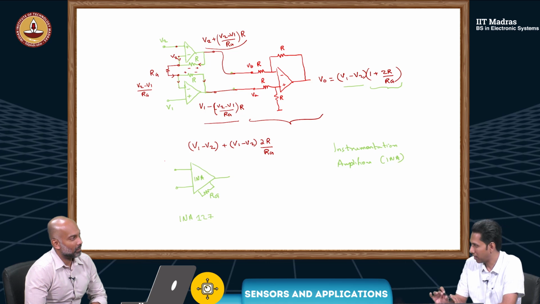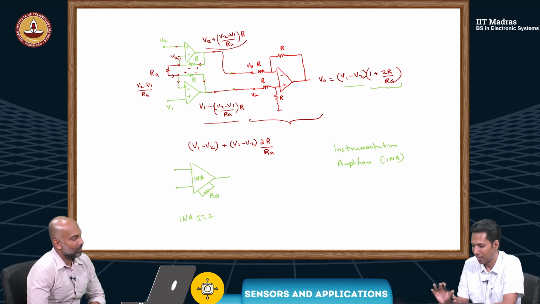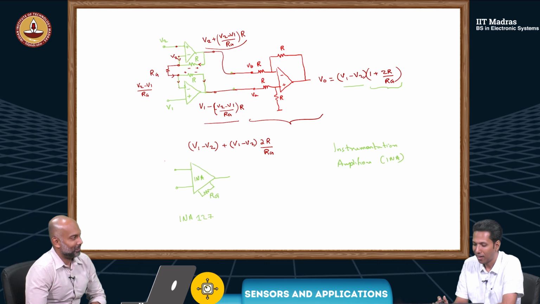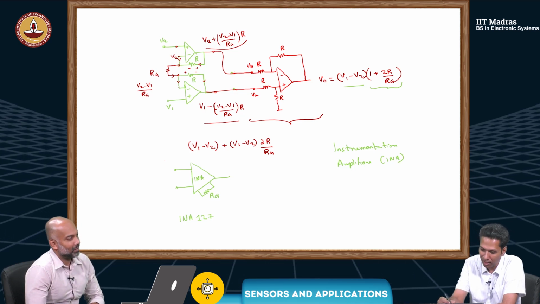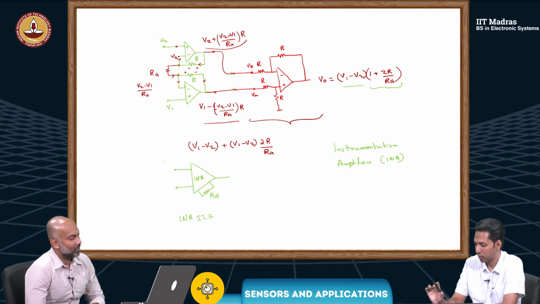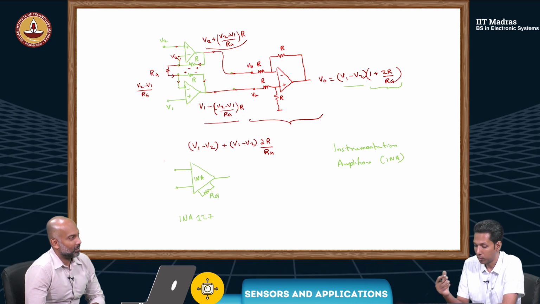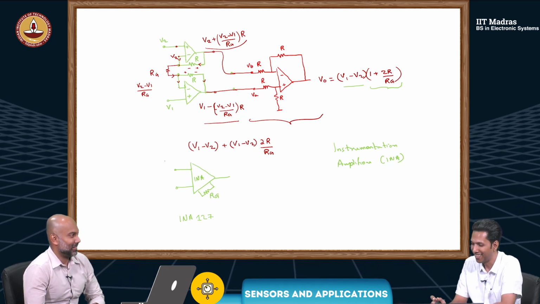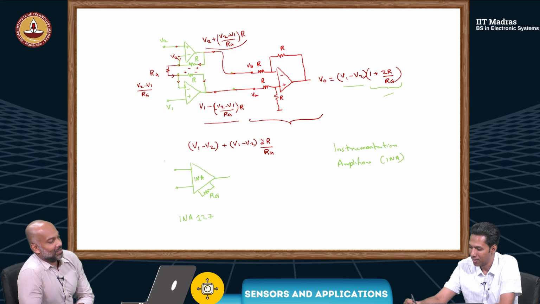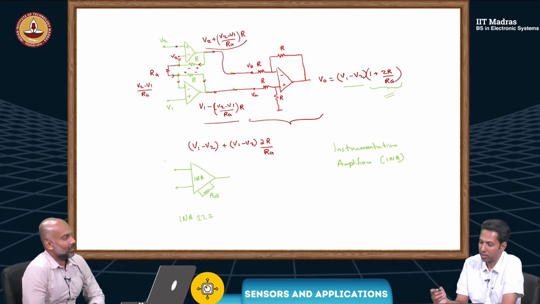They are factory trimmed, so that they are as matched as possible. And then these two terminals are available so that you can connect your Rg and play with it. Whatever gain you want, using this equation, you can set and get the gain.